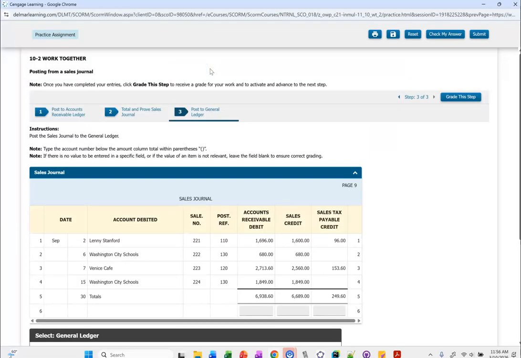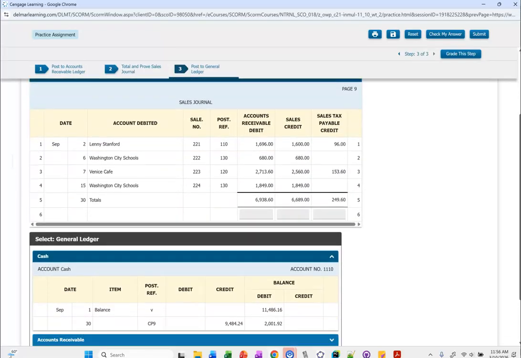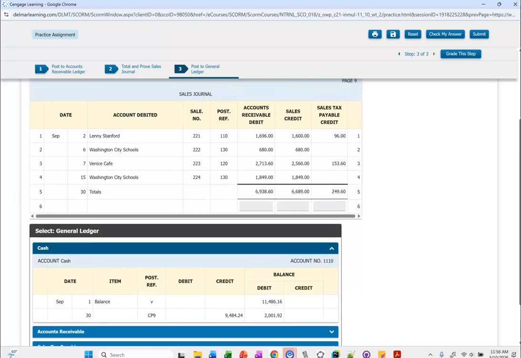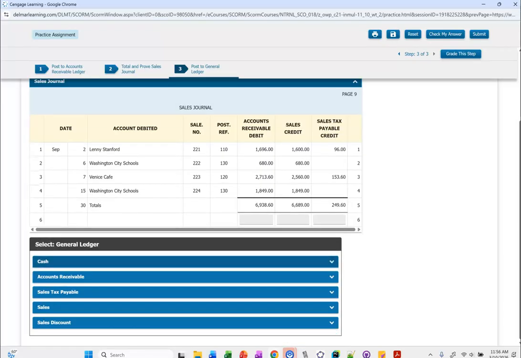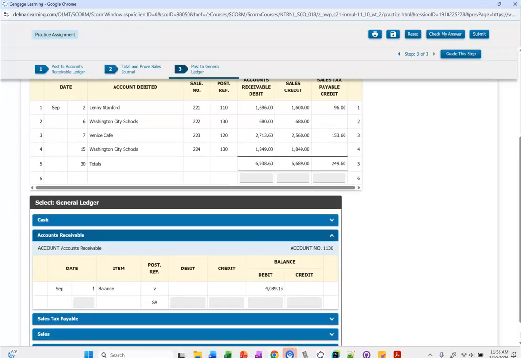And now the last step is to post to the general ledger. Once we have these totals, they are going to get posted. The accounts receivable debit should go into the accounts receivable ledger. So we have the 30th of September, and we have a debit of 6,938.60.